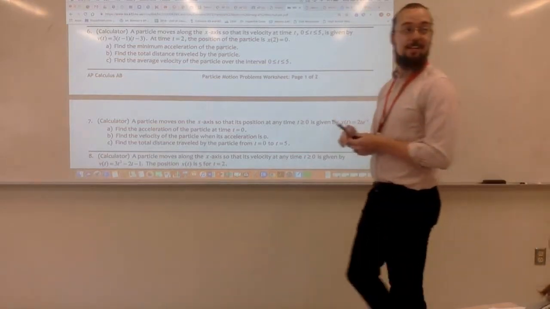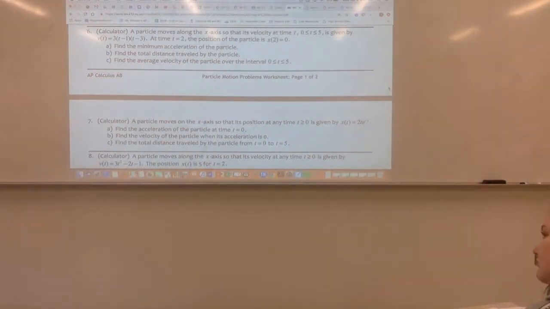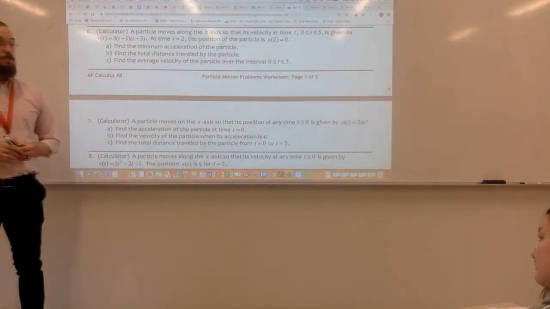Sorry. I just graphed it on the calculator and found the minimum point. You graphed the velocity function? Yeah, and then found the point where there was a horizontal change. So that would give you the minimum velocity, right?